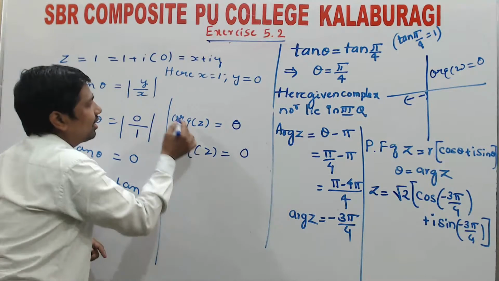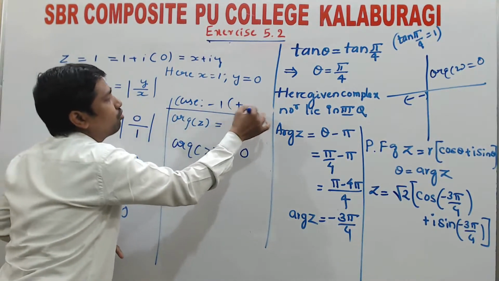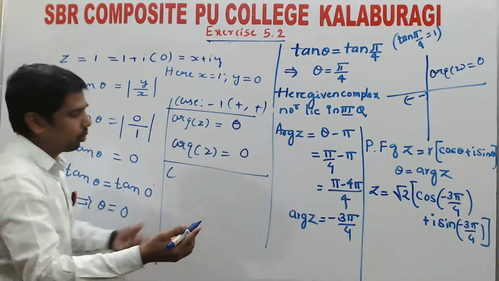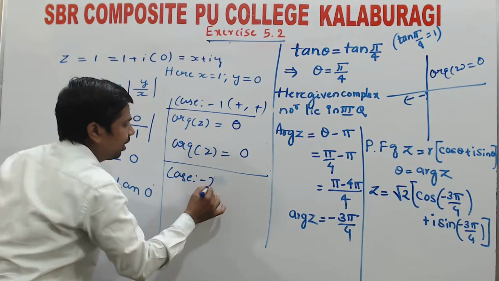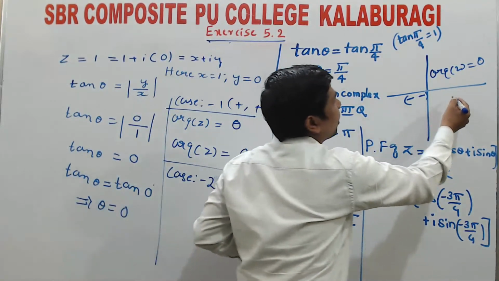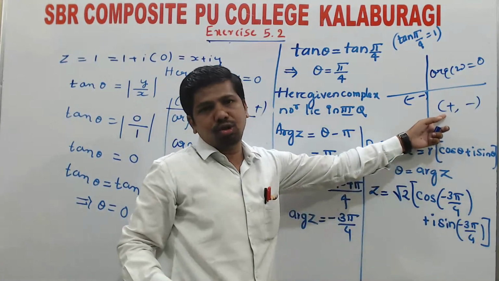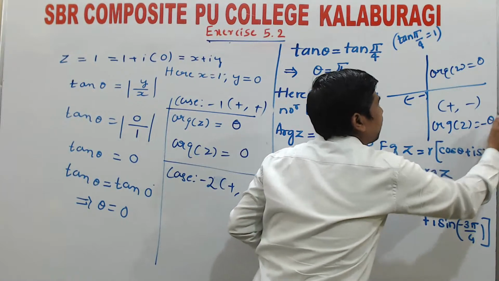Next, that was case 1, where x is positive and y is positive. Let us assume that y is negative. Case 2: x is positive, y is negative. In which quadrant does it come? It comes in the fourth quadrant. If it is in the fourth quadrant, the argument is given by minus theta.